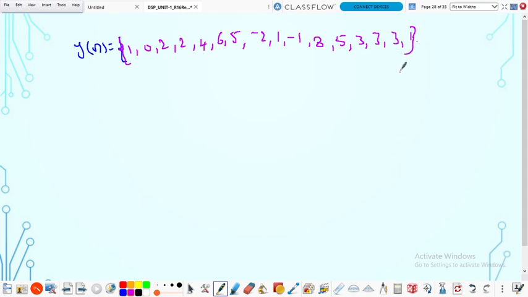So this is the overlap save method output sequence for the sequences x of n and h of n.